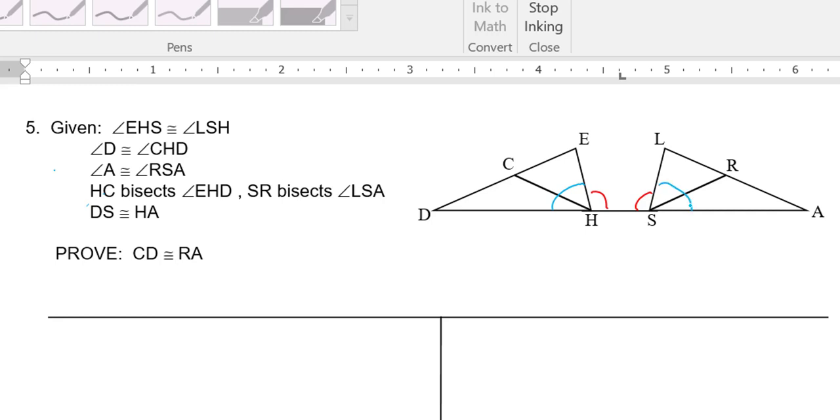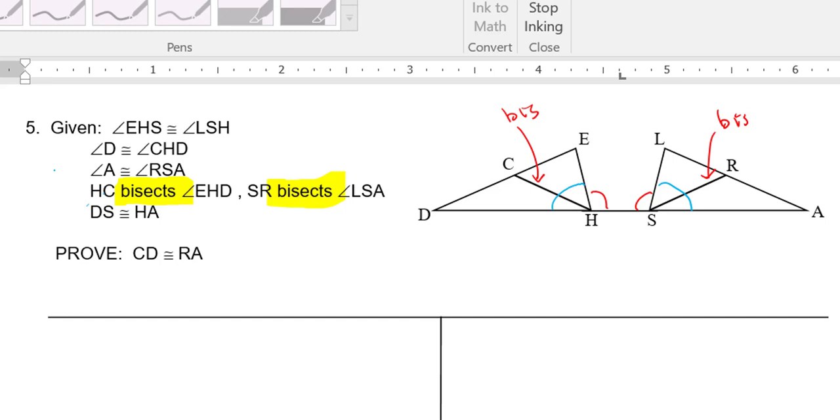So just keep that in the back of your mind. I also know that this is a bisector and this is a bisector, which kind of leads me to believe that I'm doing something with multiplication or division property. So I just want to keep that in mind.